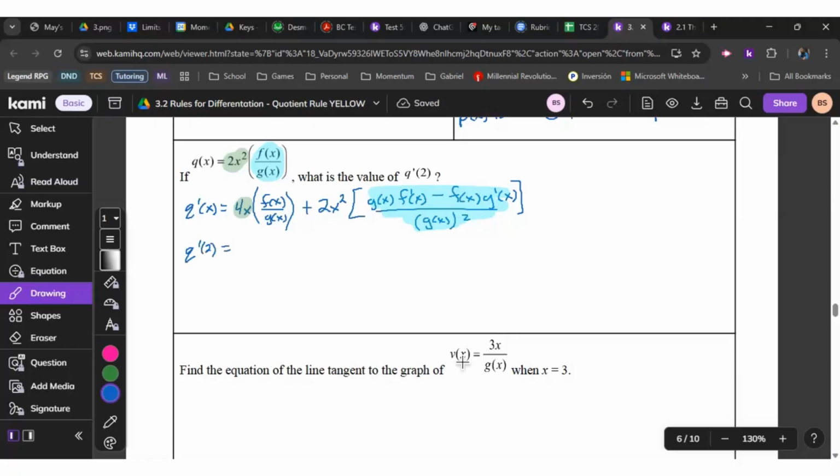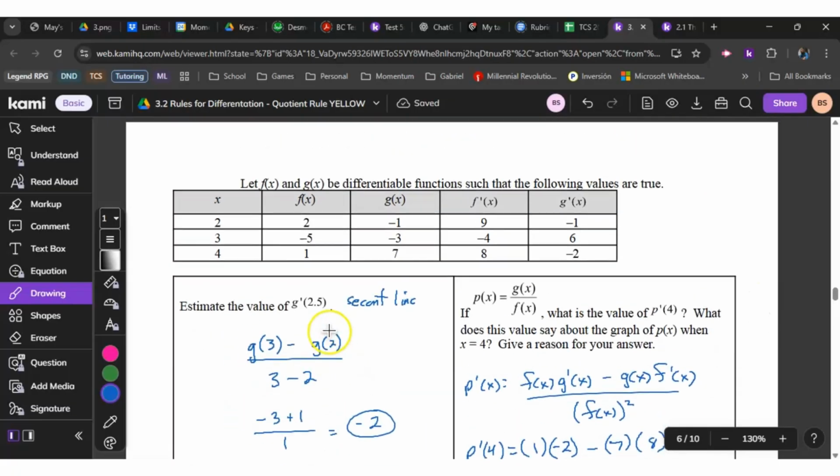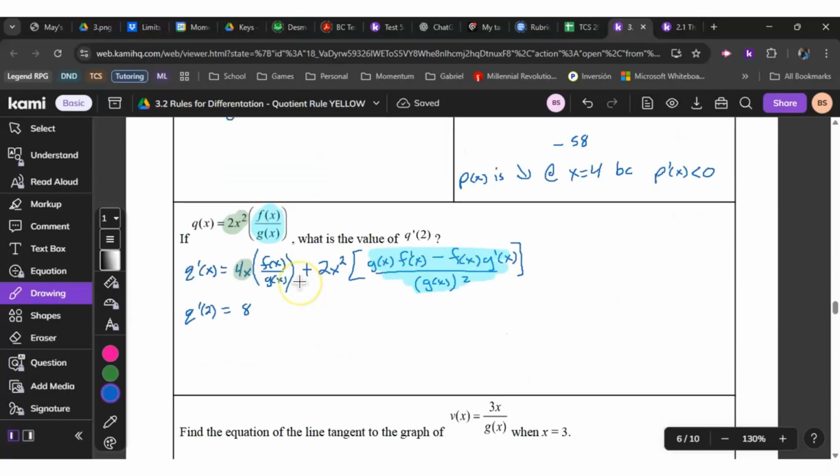So this first part is just 4 times 2, so that's 8. And then we have to find f of 2 over g of 2. So let's go look up what f and g are. f of 2 is 2, g of 2 is negative 1. Plus 2 squared is 4 times 2 is 8, so that's 8 again. And now we're going to have to do this big part here. So g of 2 we just did, it was negative 1.